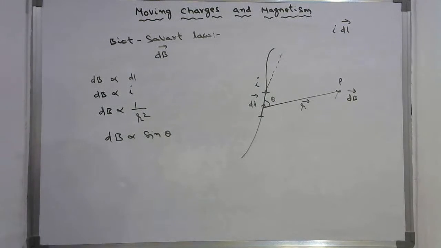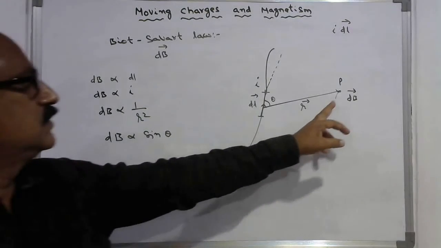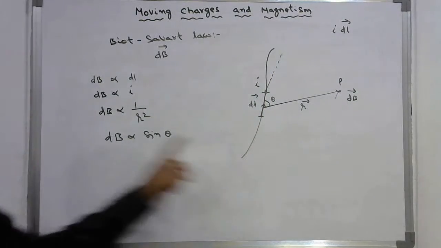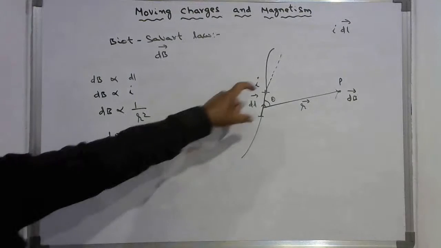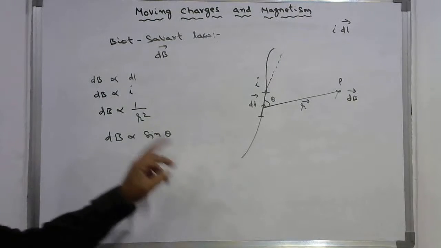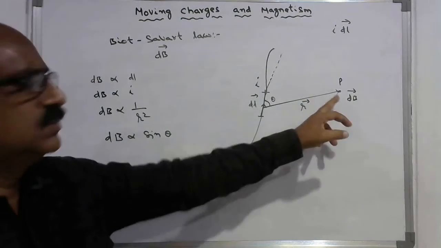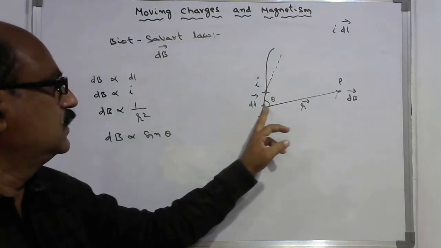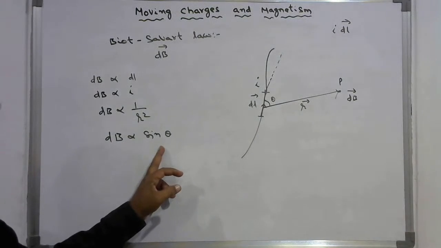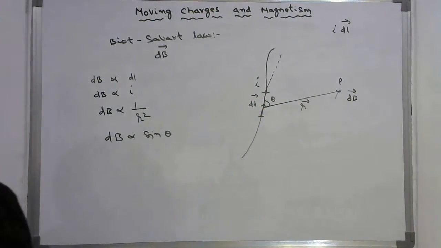So you can just state that the magnetic induction, the magnetic field due to a current carrying conductor at any point P, is directly proportional to the length of the element, directly proportional to the current in the conductor, and inversely proportional to the square of the distance between the element and the point, and it is also proportional to the sine of the angle between the position vector and the small element.